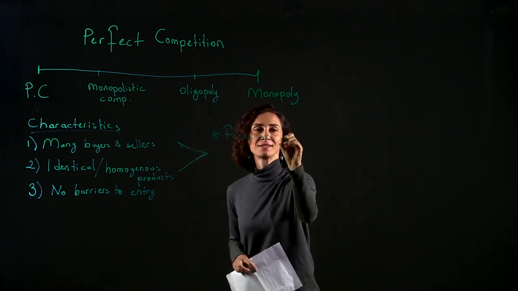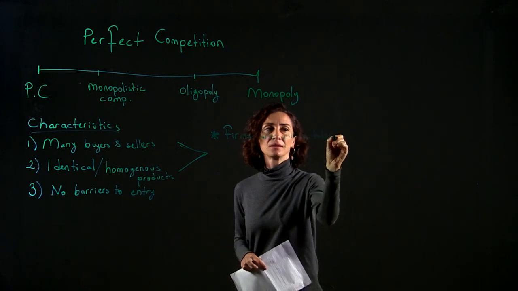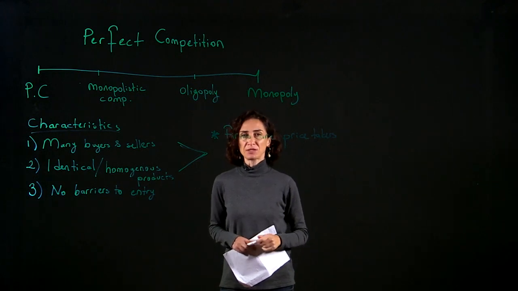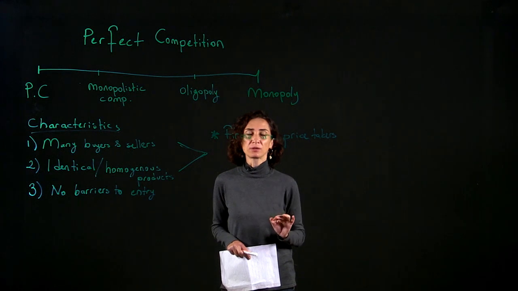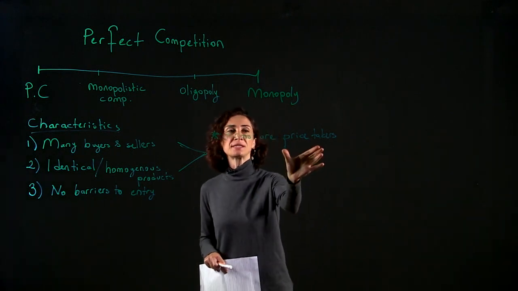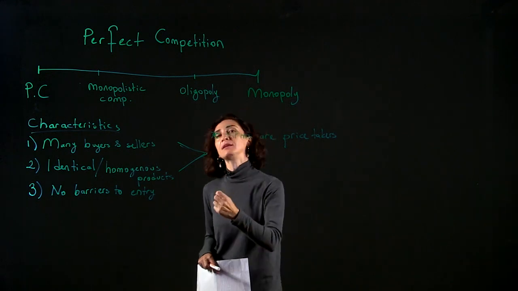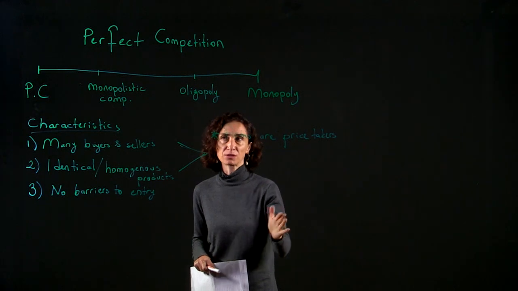Firms are price takers. We can express this also as they have no market power, okay? So when we say firms are price takers, it also means firms in perfectly competitive markets have no market power.